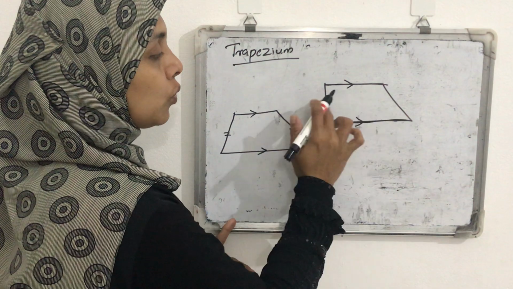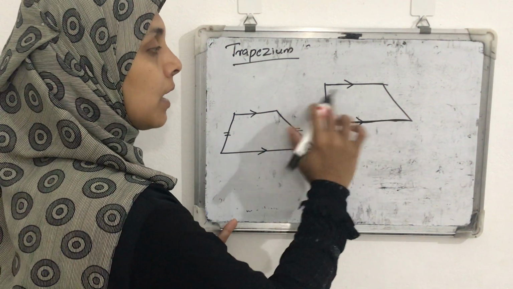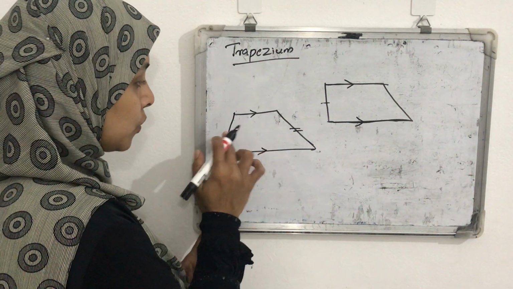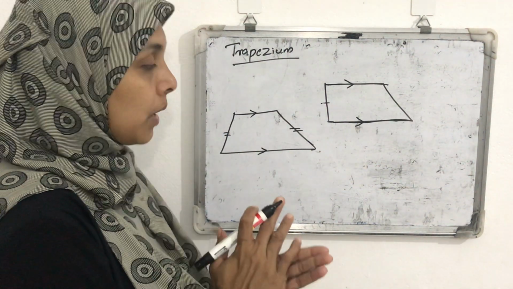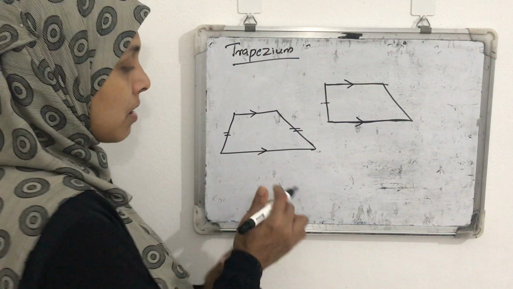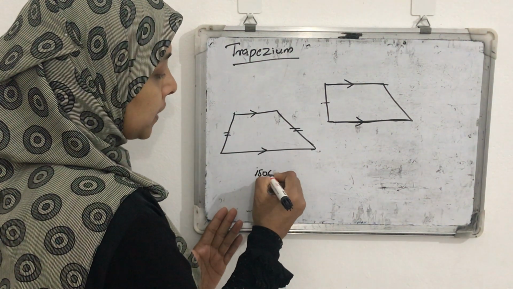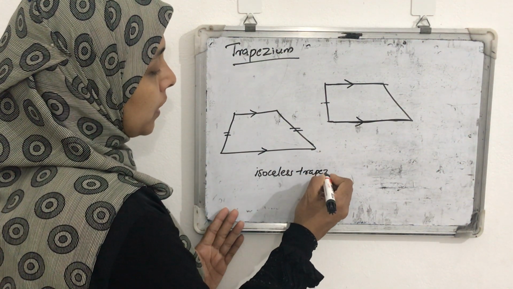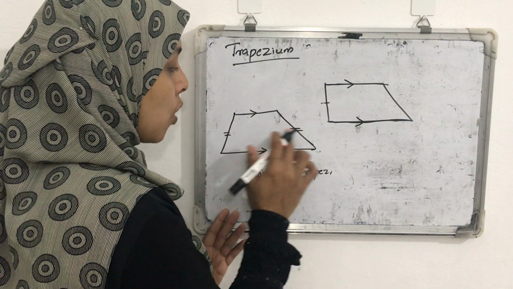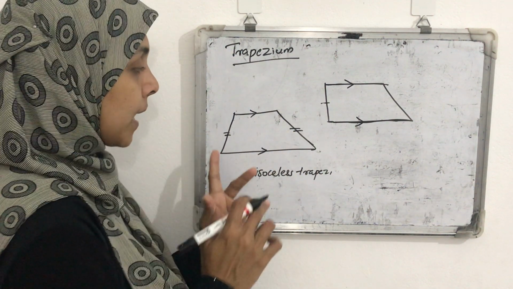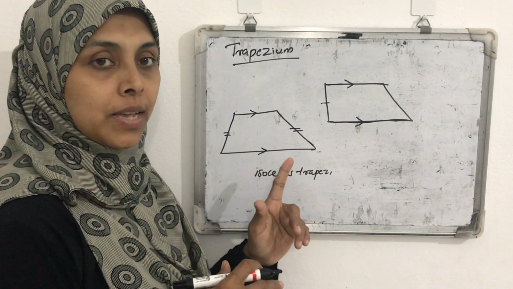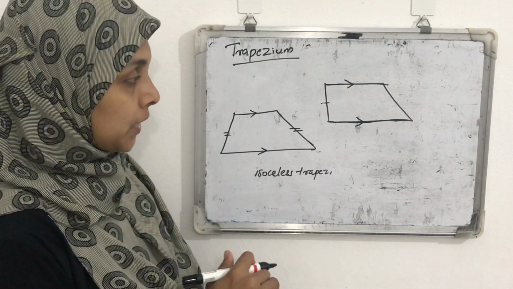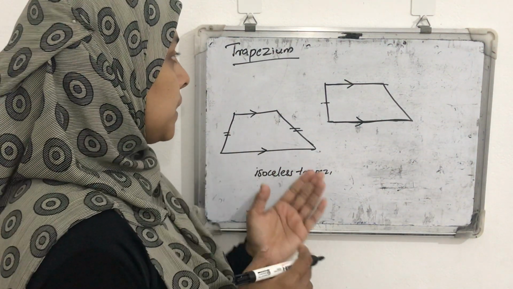No. These two sides are of different length, but in this case these two sides are equal. Such types of trapezium are called isosceles trapezium. That means if the non-parallel sides are of equal length, such trapeziums are called isosceles trapezium. Now the trapezium is done.